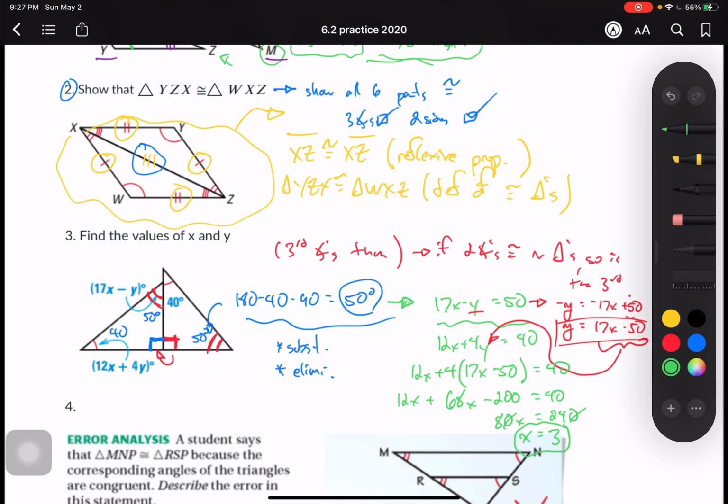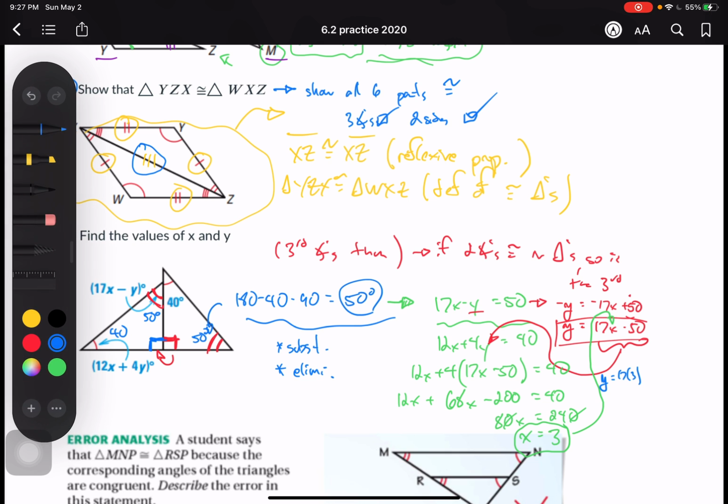If x is 3, what is y? Let's figure it out. y is equal to 17 times 3 minus 50. It's 30 plus 21, 51. Oh, would you look at that? y is 1.